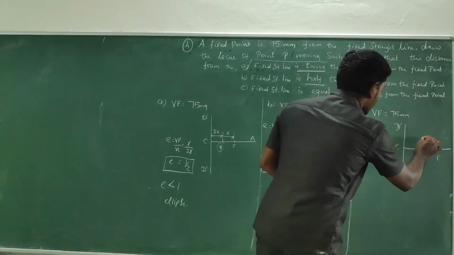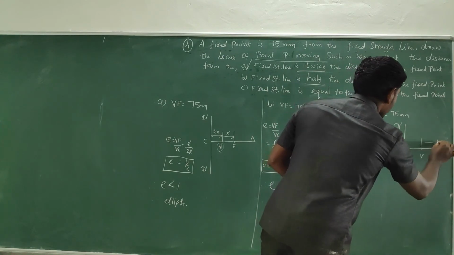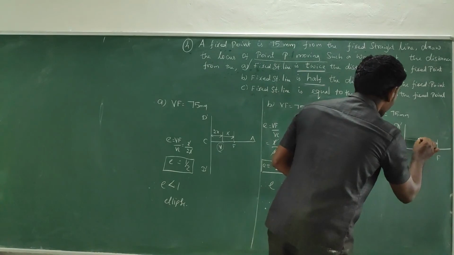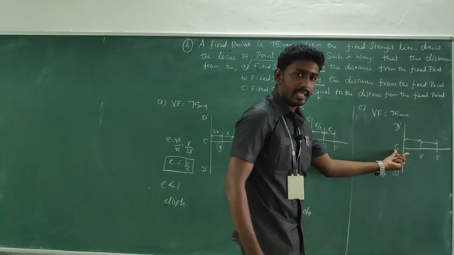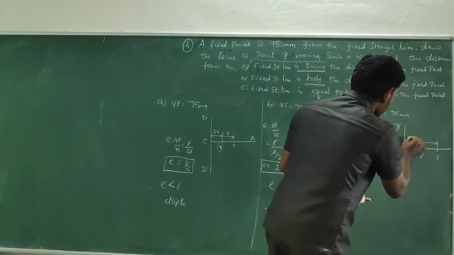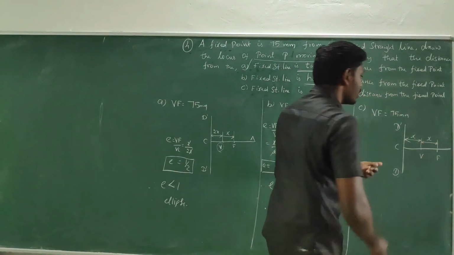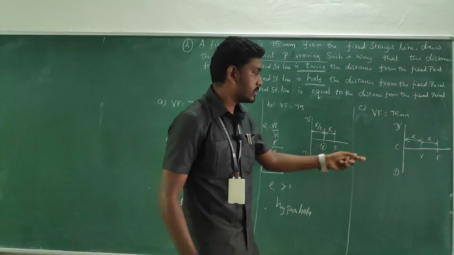Here it is said the distance from the moving point to the fixed point and the distance between the moving point and the fixed straight line are equal. So if I take this as x, this is also x, right?